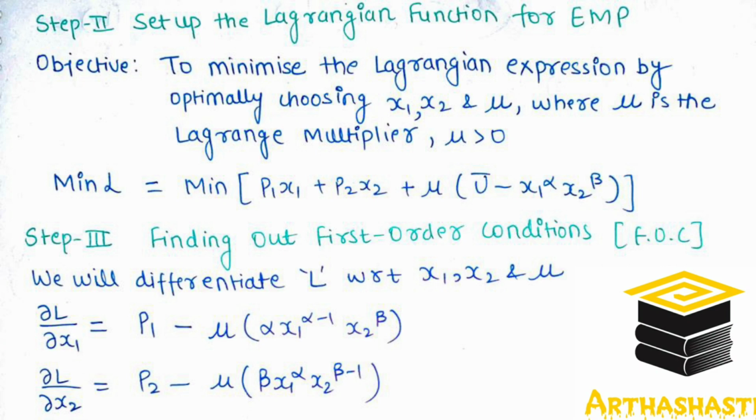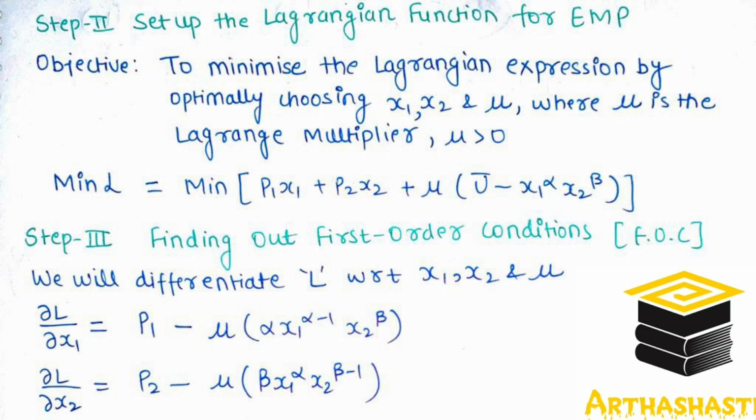In ordinary demand function we took lambda as the Lagrangian multiplier. Here we are taking mu as the Lagrangian multiplier. Now we set up our Lagrangian as minimum L equals minimum of p1 x1 plus p2 x2 plus mu times u bar minus x1 raised to the power alpha times x2 raised to the power beta. Here u bar is the constant level of utility which a consumer wishes to attain.